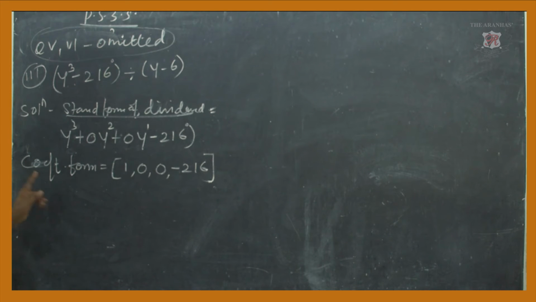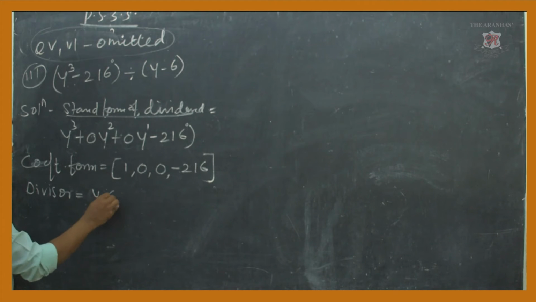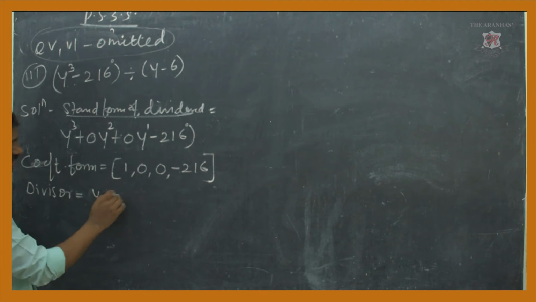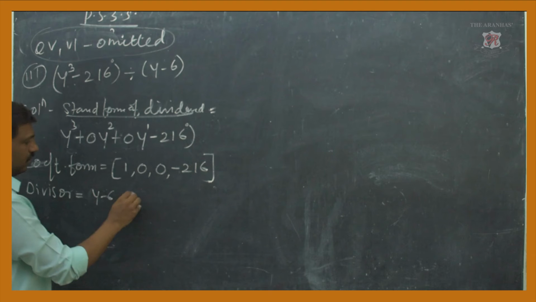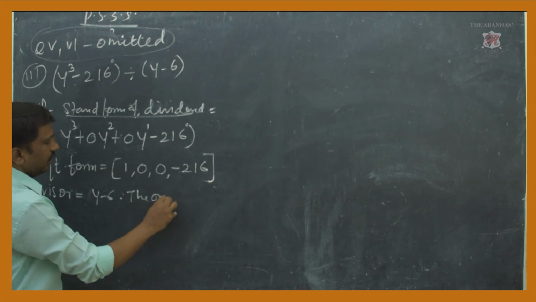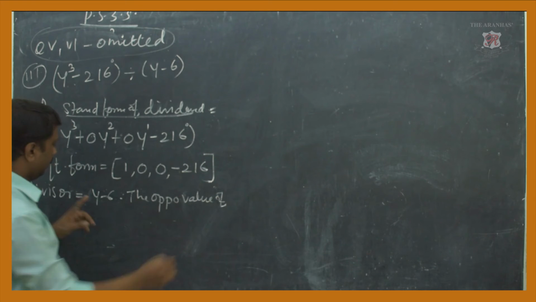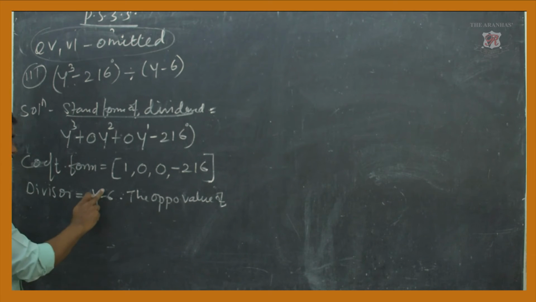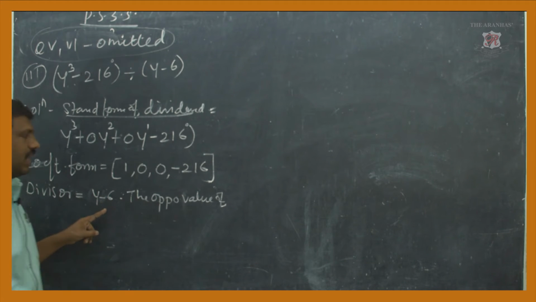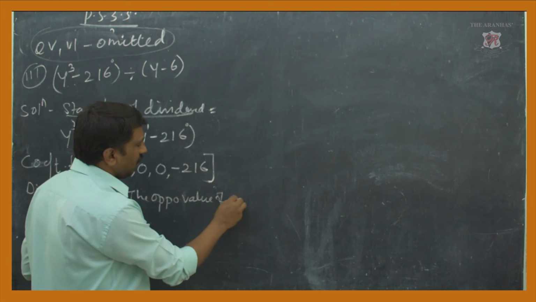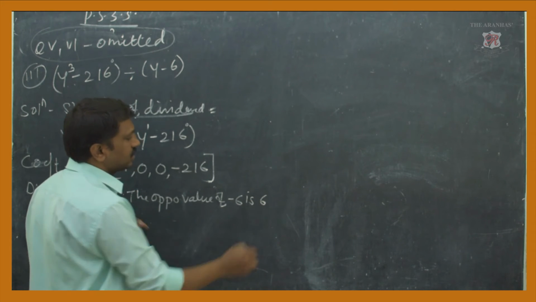So the coefficient form is written, then the divisor. What is the divisor? The divisor given here is y minus 6. For y minus 6 as the divisor, we will immediately take the opposite value. The opposite value of minus 6 is plus 6.